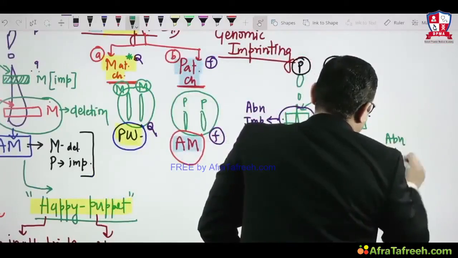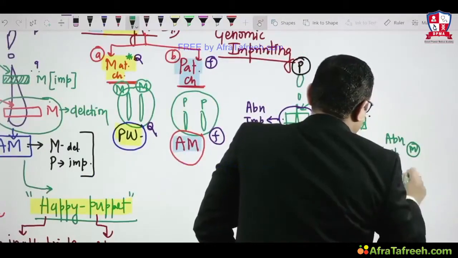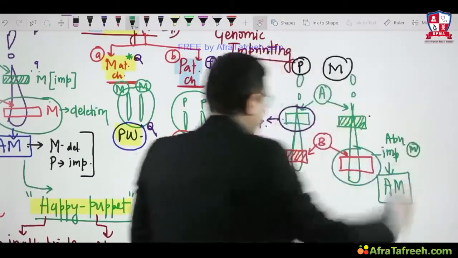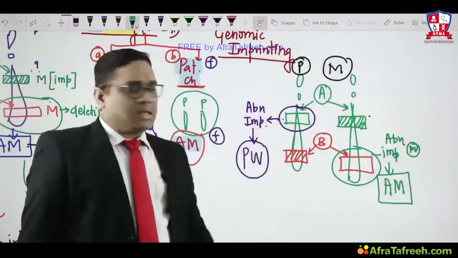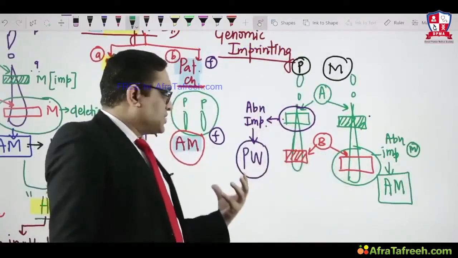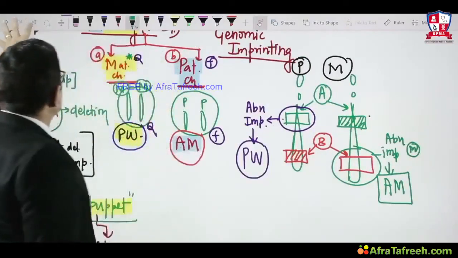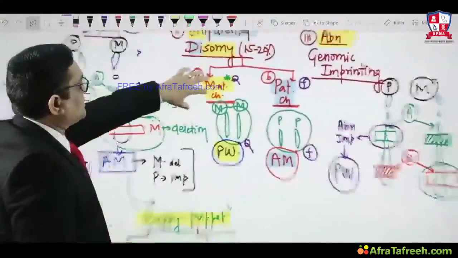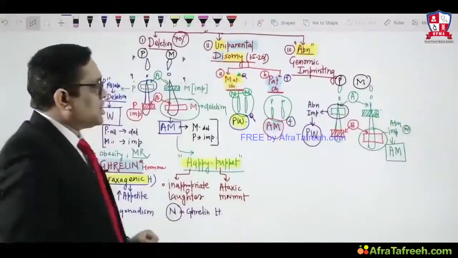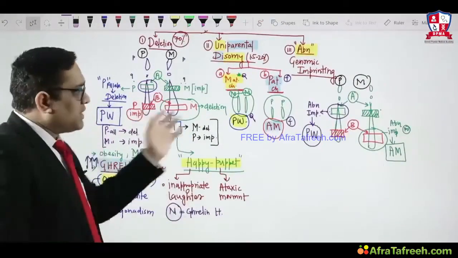This abnormal imprinting of the maternal allele will give rise to Angelman syndrome. So this is how abnormal genomic imprinting is associated with Prader-Willi and Angelman syndrome. Now we can understand how genomic imprinting is associated with the mechanism of these syndromes.